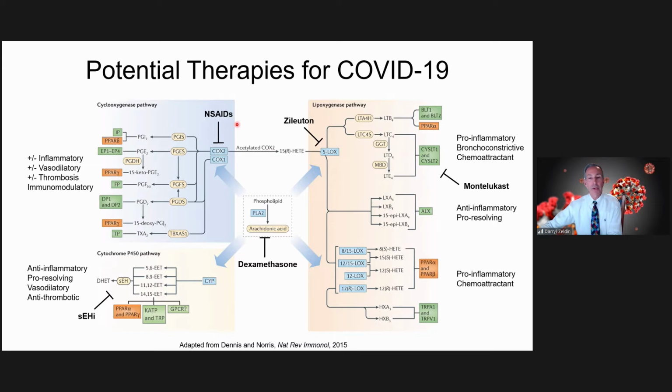Non-steroidal anti-inflammatory drugs, or NSAIDs, inhibit the cyclooxygenases and are generally used to treat a variety of inflammatory conditions. And sEH inhibitors block the conversion of the anti-inflammatory EETs to less active diols and promote resolution of inflammation. And we believe these sEH inhibitors hold promise as novel treatment of COVID-19, and this will be the focus of my talk today.